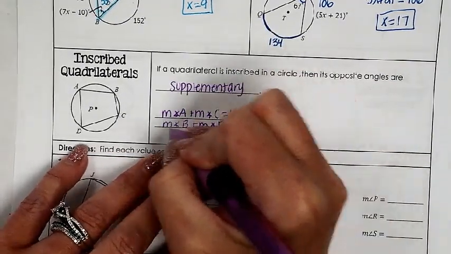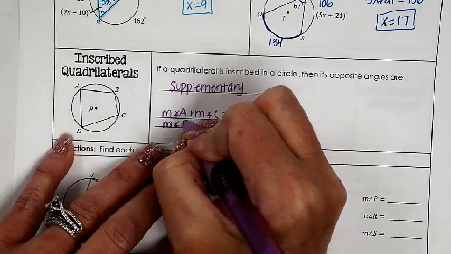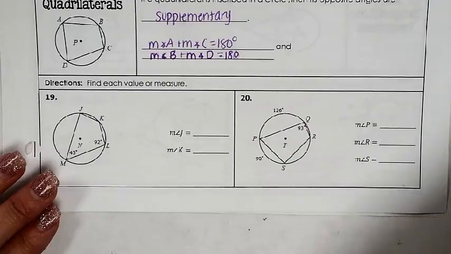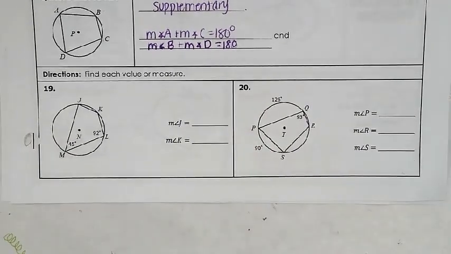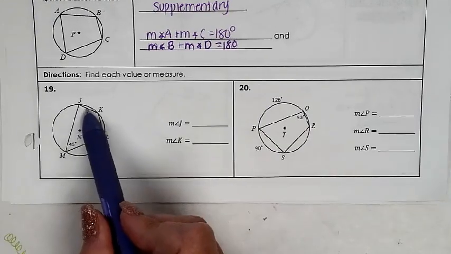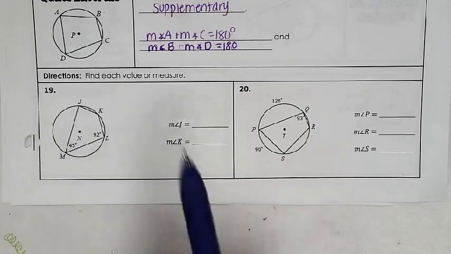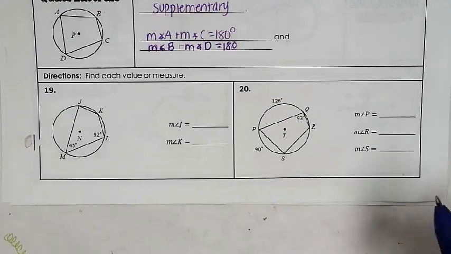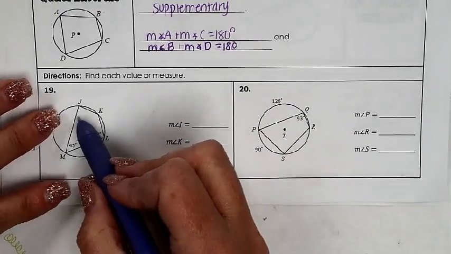So, for 19 and 20, the inscribed quadrilaterals. Quadrilateral, I have 4 sides inscribed inside the circle. Opposite angles are supplementary, so they add to 180. So measure of angle J. J is across from L. So those are supplementary.